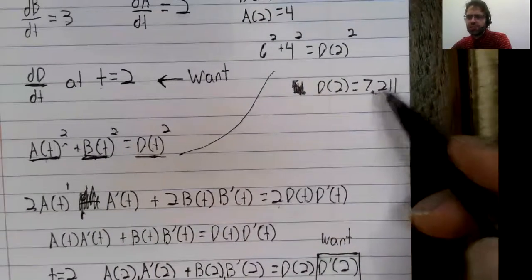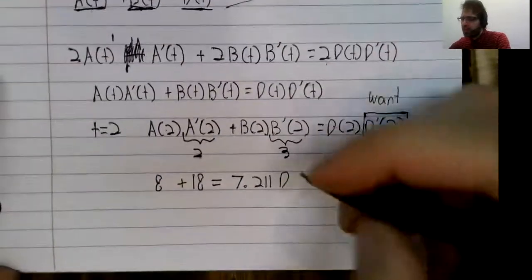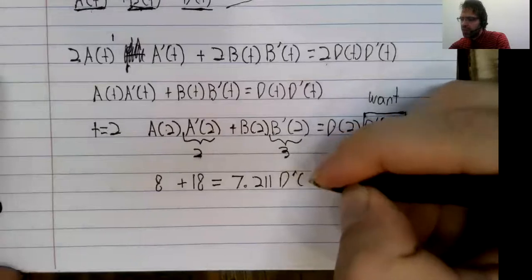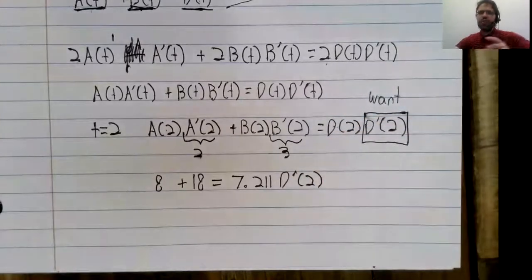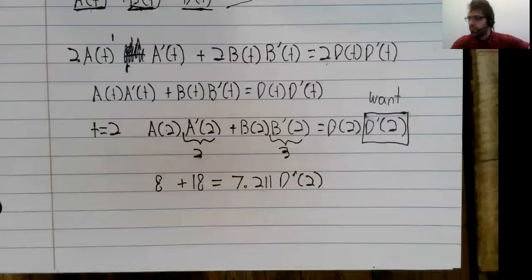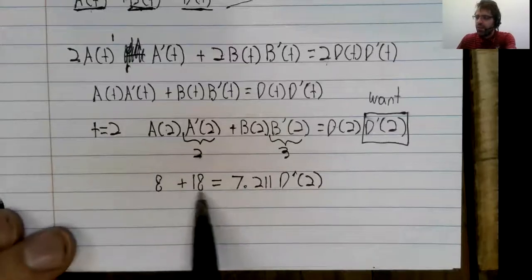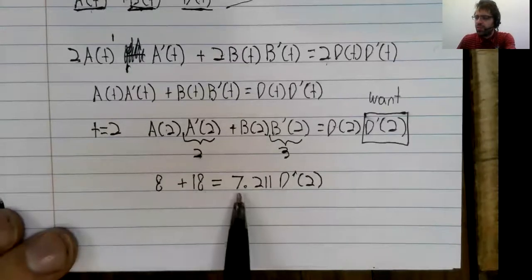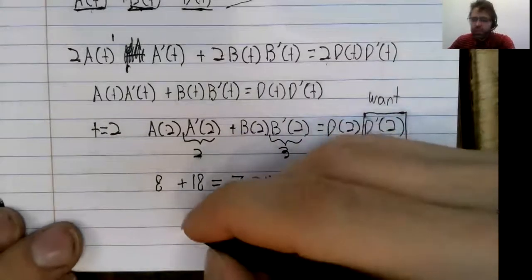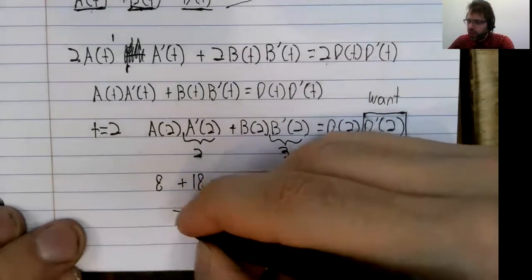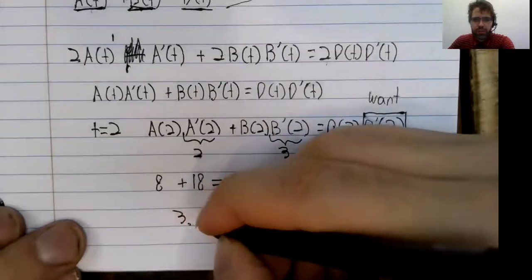That's D of 2 times D prime of 2. Finally, we do this addition, we do this division, plug it into our calculator.